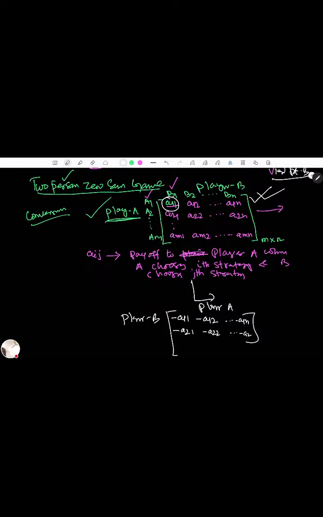If you continue like this, it is minus Am1, minus Am2, and minus Amn. Now if you find the sum of this, the net gain is 0, then this will be a null matrix, right? Clear? So this is a null matrix. That means here the net gain is 0.